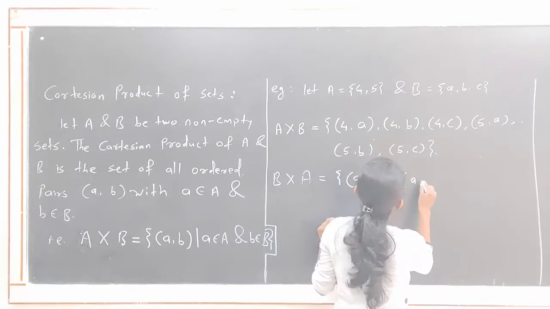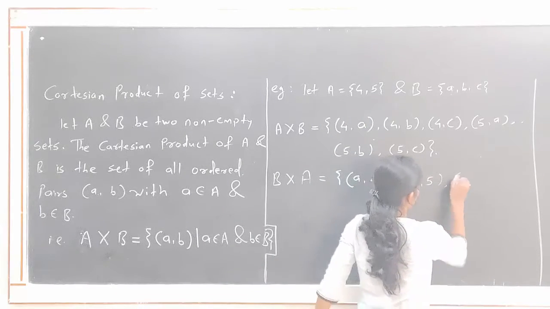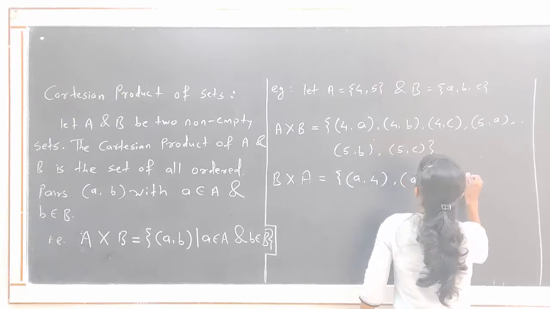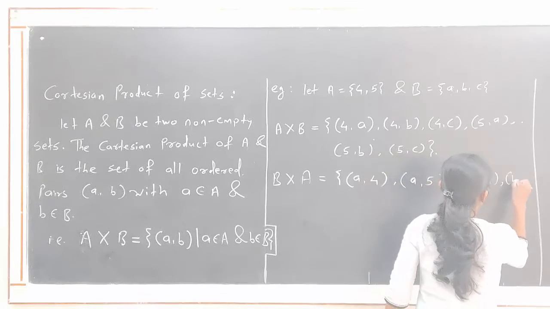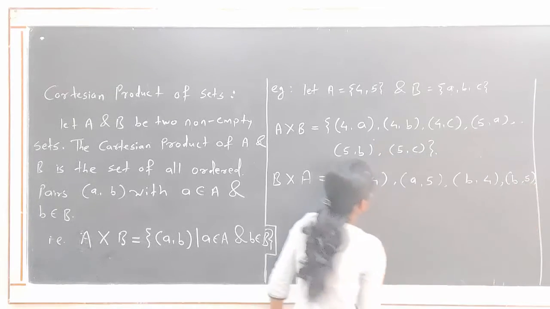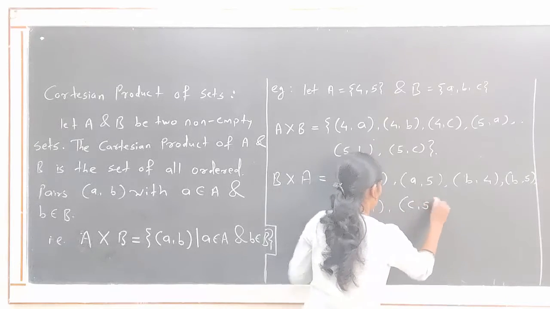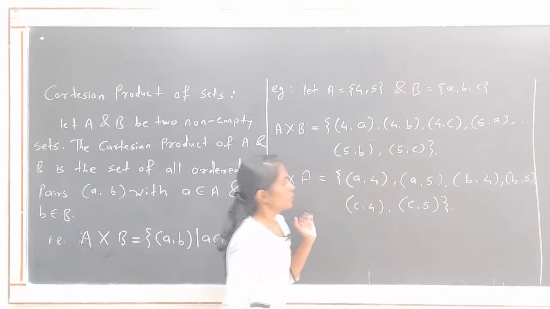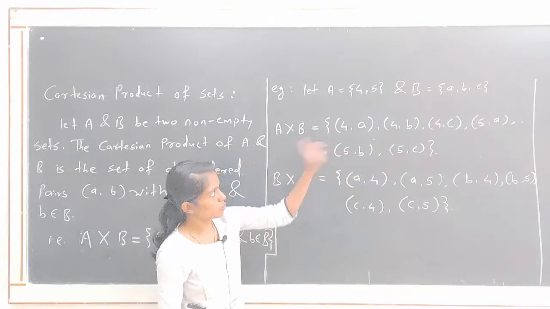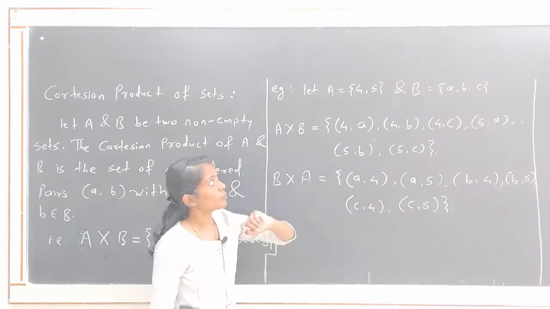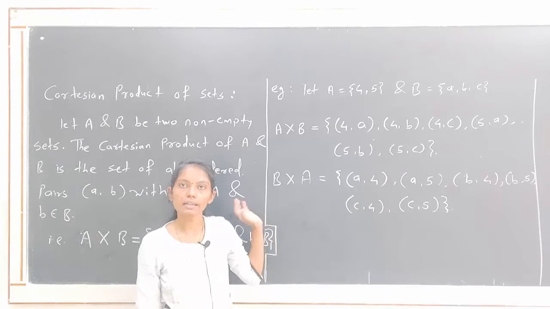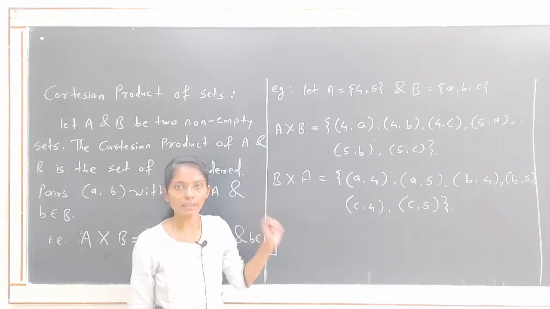Then (a, 5). Similarly (b, 4), (b, 5), (c, 4), (c, 5). Okay. So here a belongs to set B and 4 belongs to set A. This is the Cartesian product of sets B and A.